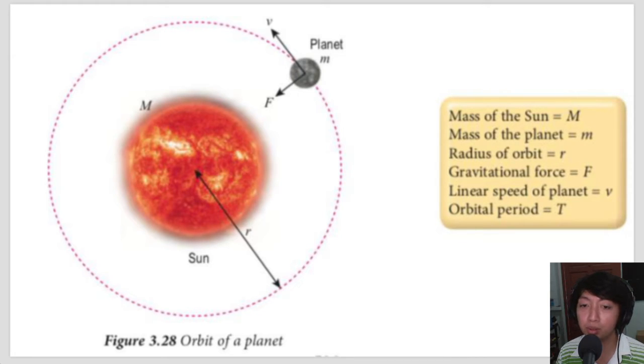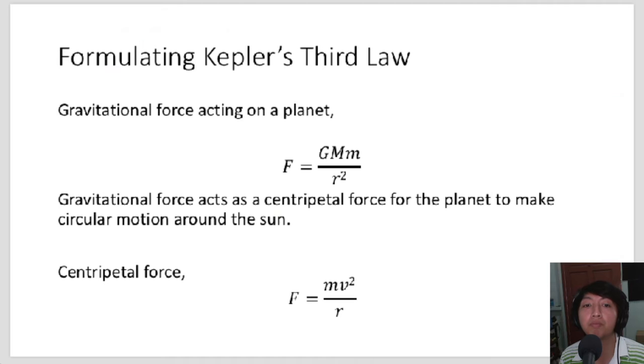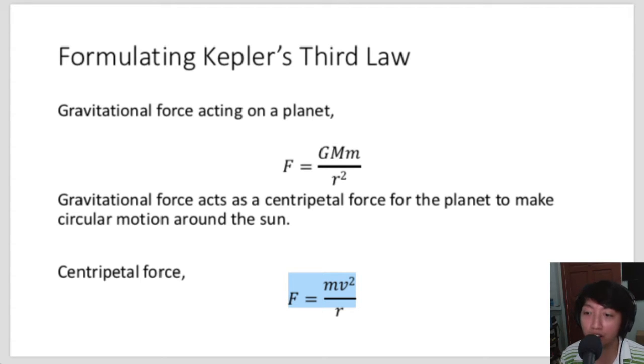These are the two formulas we learned last time. Gravitational force, F equals GMm over r squared, and centripetal force is mv squared over r.